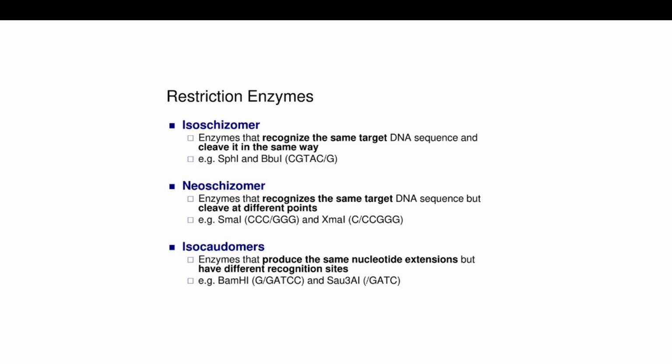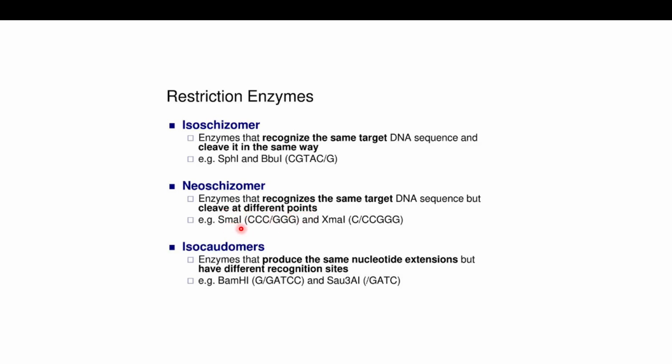Now there are some terms related to restriction enzymes. One is isoschizomers. These are enzymes that recognize the same target DNA sequence and cleave it in the same way. Suppose SphI and BbuI recognize the same sequence, and the restriction site is also the same, between this C and G. Then there are neoschizomers, which are enzymes that recognize the same target DNA sequence but cut at different points.